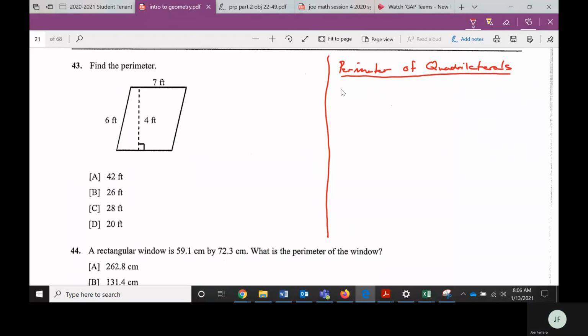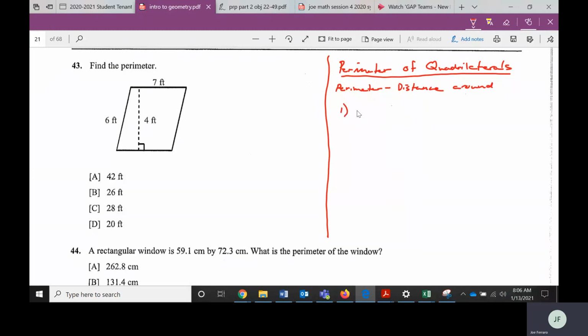Perimeter is distance around, so that's first of all. One easy way to think of that is if you had to put a fence around something. That's perimeter. So for perimeter of quadrilaterals, there's a few different ways you can think of this.